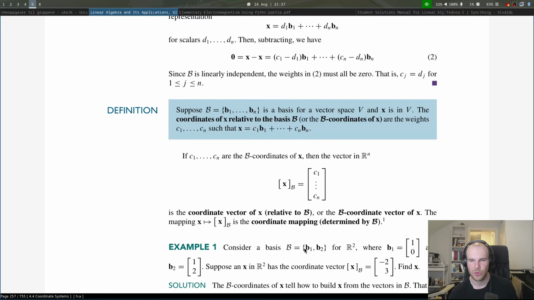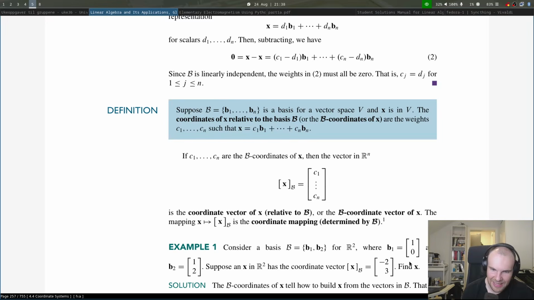So consider a basis B that's equal to b1 and b2, for R2, where b1 is equal to 1, 0, and b2 is 1, 2.